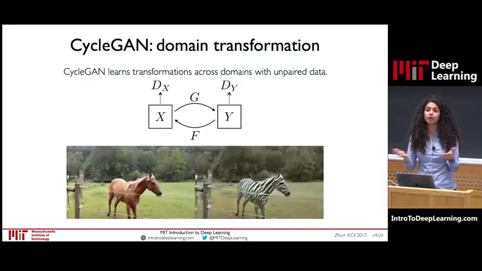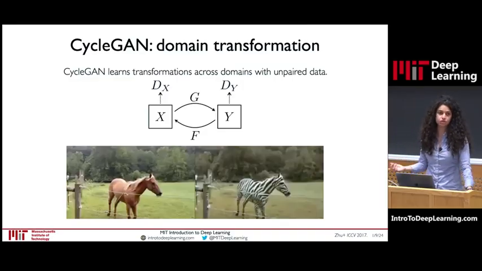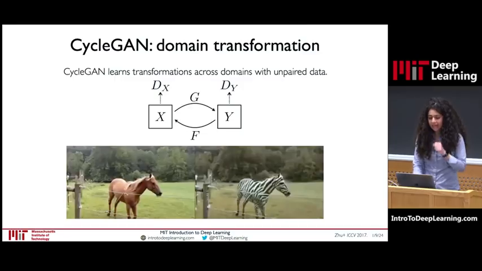How can we learn a relationship mapping these two distributions together? And the concept of the cycloGAN is that we can basically impose a cyclic loss linking the discriminator and the generator in one domain to that of another.